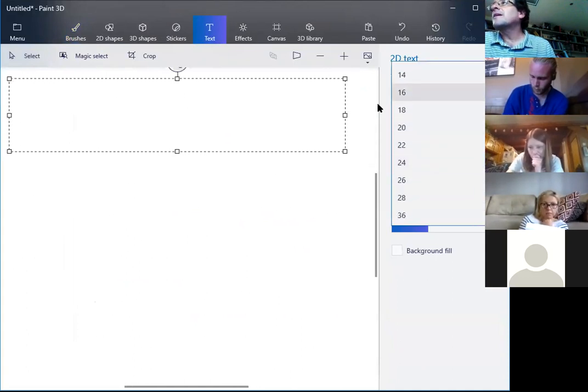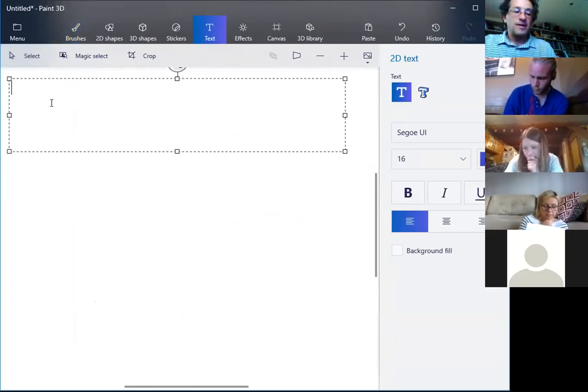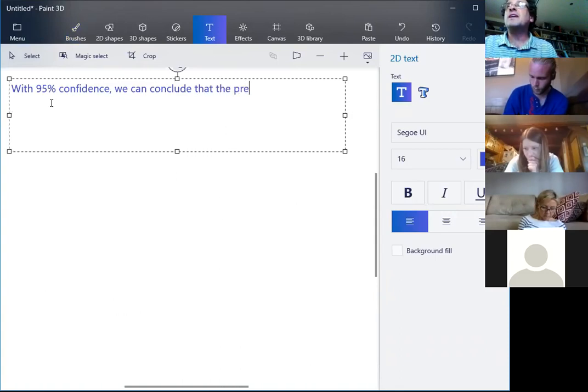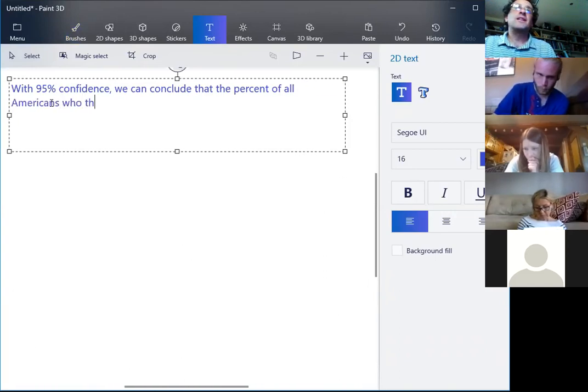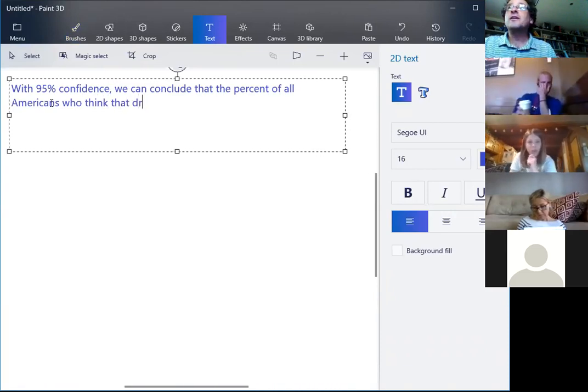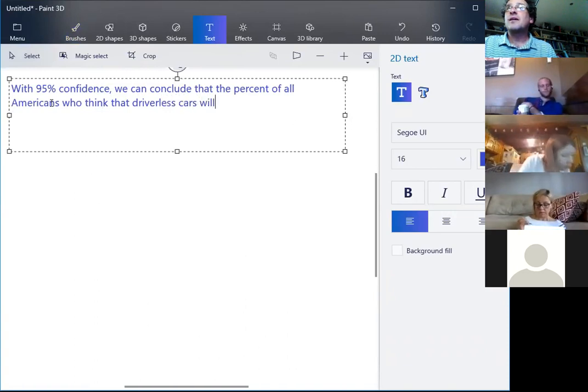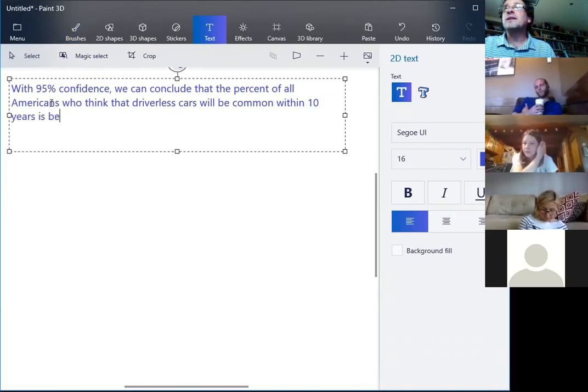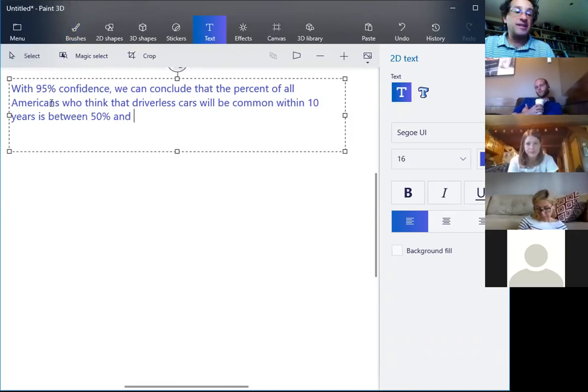We could say with 95% confidence, we can conclude that the percent of all Americans who think that driverless cars will be common within 10 years is between 50% and 56%.